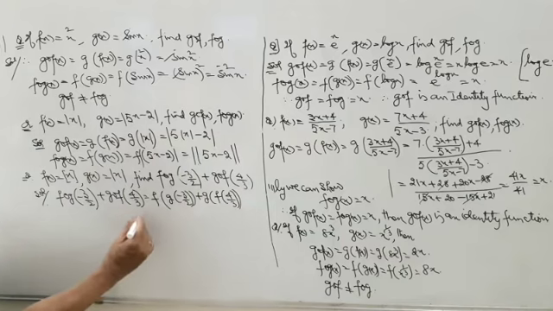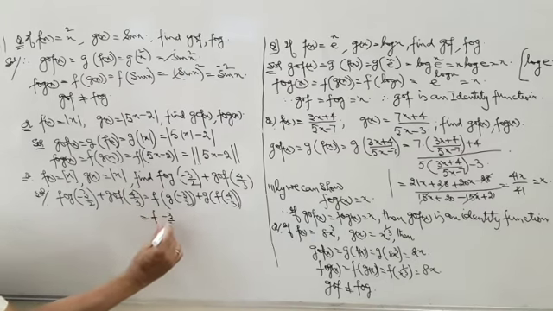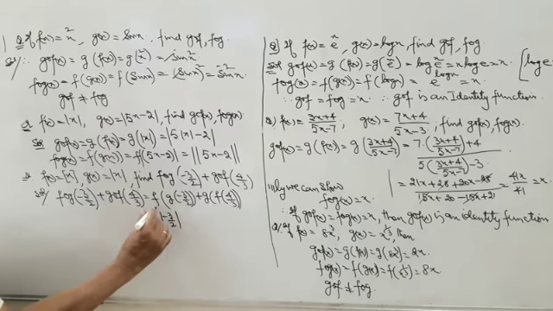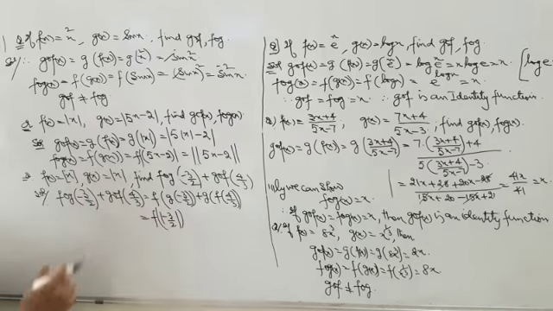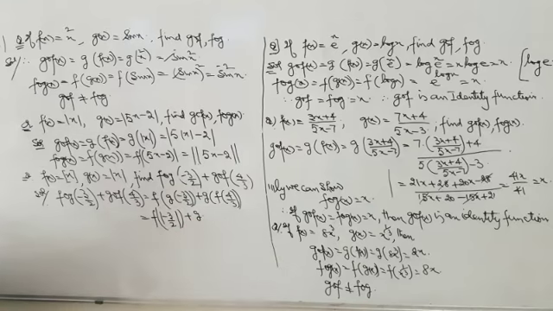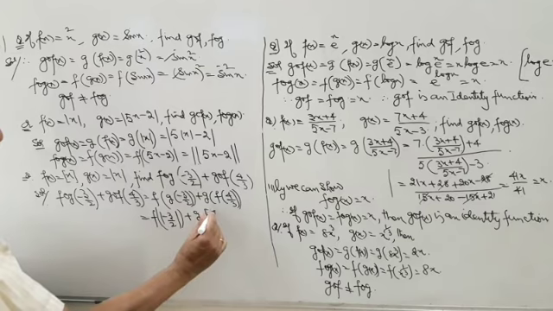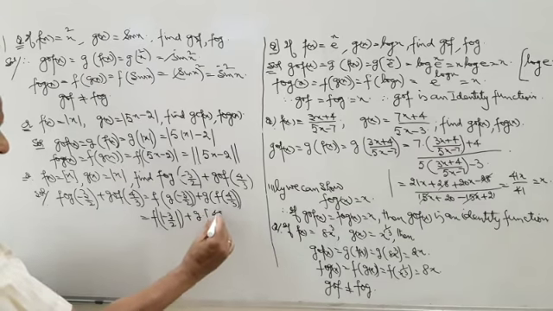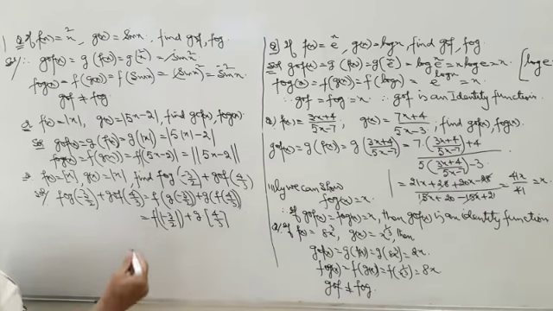This is f of g of minus 3 by 2, which becomes the modulus of minus 3 by 2. Since g(x) is the modulus of x, plus g of f of 4 by 3, and f(x) is the integer function, so it is equal to f of 3 by 2.